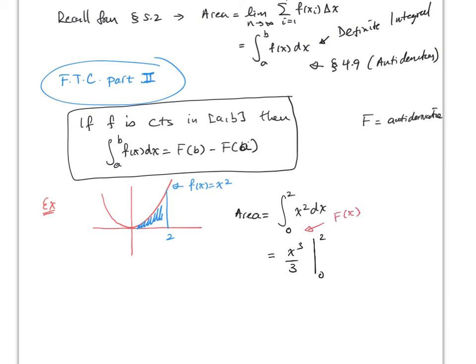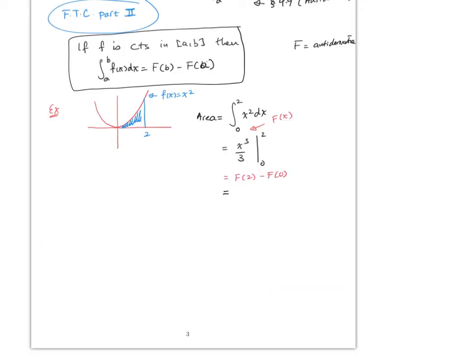According to the theorem, this should be equal to F of 2 minus F of 0, which in our case is 2 cubed over 3 minus 0 cubed over 3, which is equal to 8 over 3.